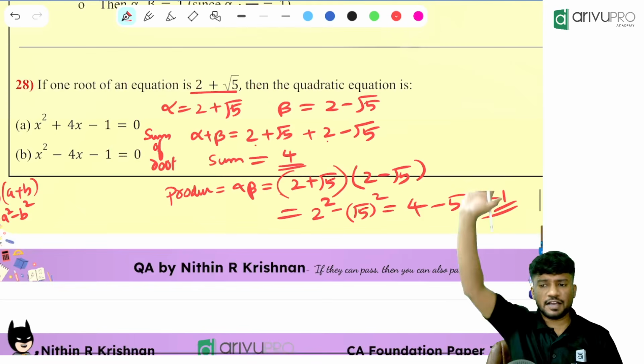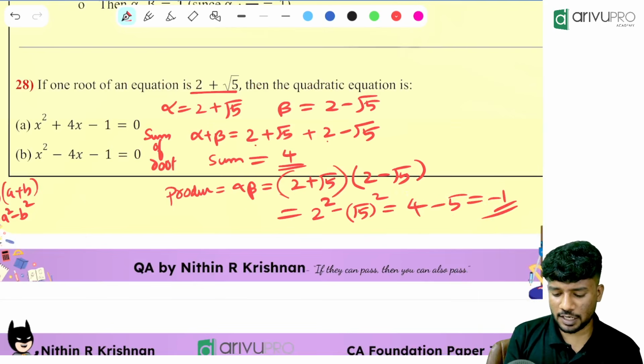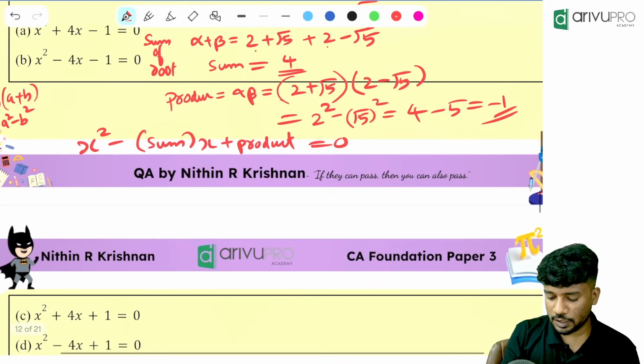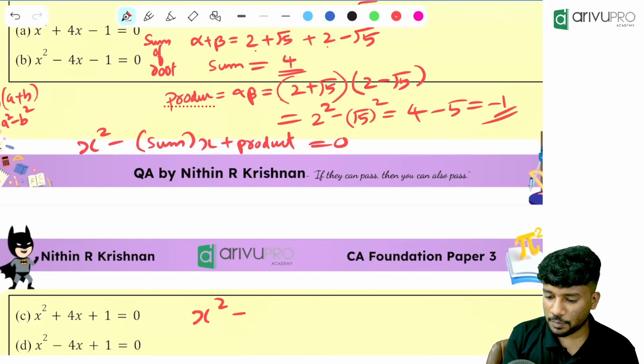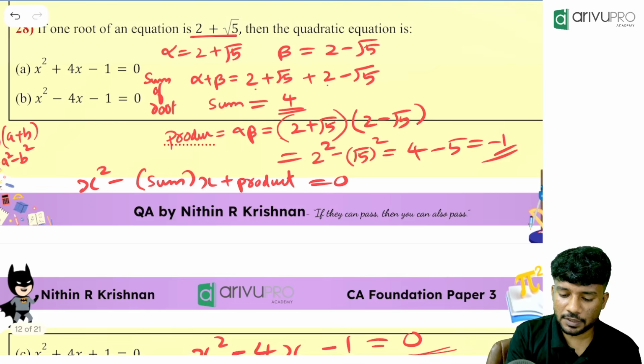So people, we have the sum of the roots, we have the product of the roots. How to construct a quadratic equation? X square minus sum into x plus product is equal to what? 0. Now you tell me what is the answer? X square minus 4x minus 1 is equal to 0. Which option is the answer, people?